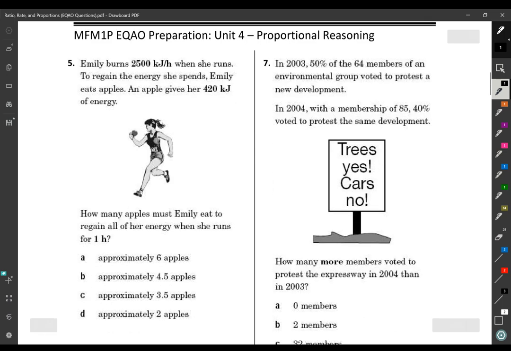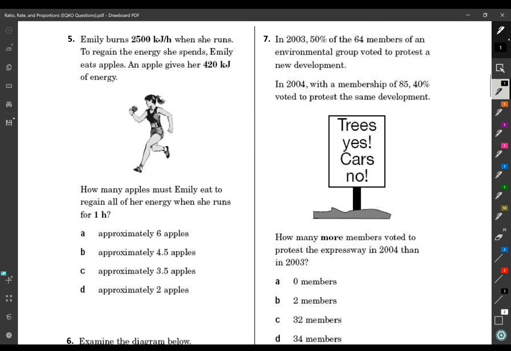Question 5. Emily burns 2,500 kilojoules per hour when she runs. To regain the energy she spends, Emily eats apples. An apple gives her 420 kilojoules of energy. How many apples must Emily eat to regain all of her energy when she runs for 1 hour? Okay.